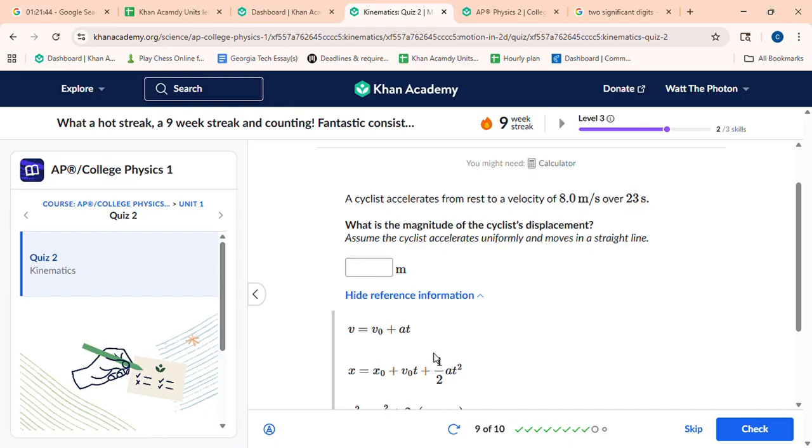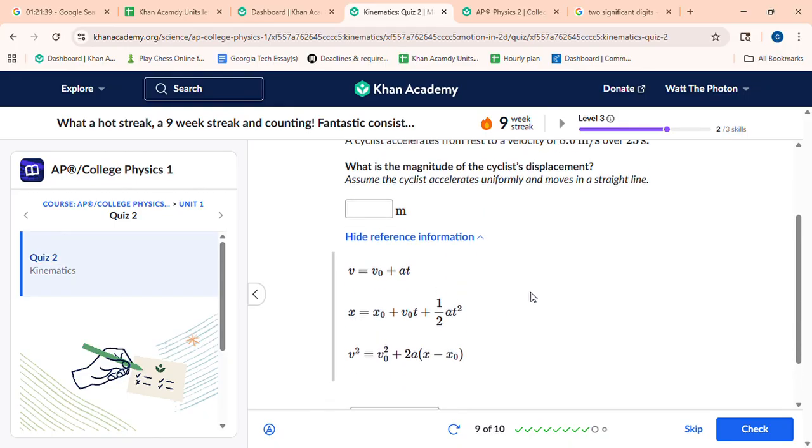Cool. Now we have the change in x. Delta x is going to be equal to velocity times time.